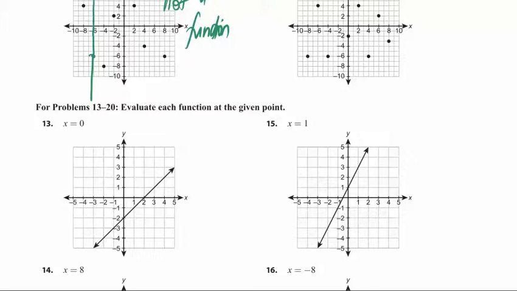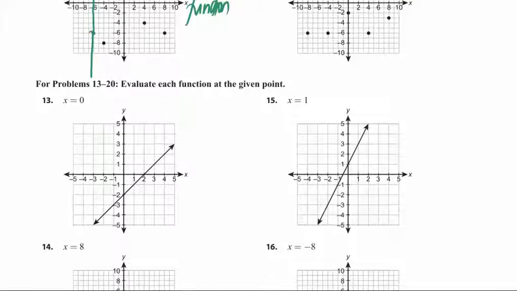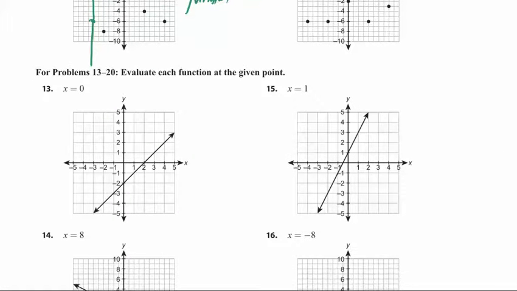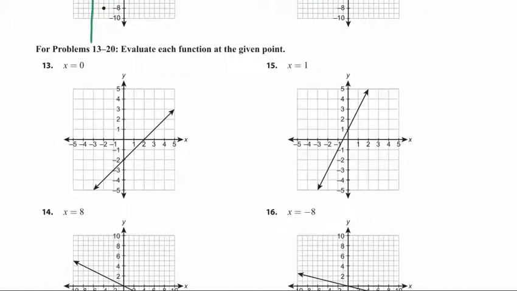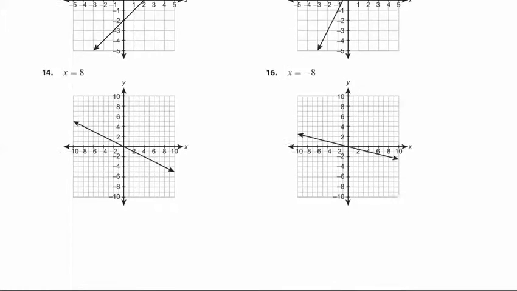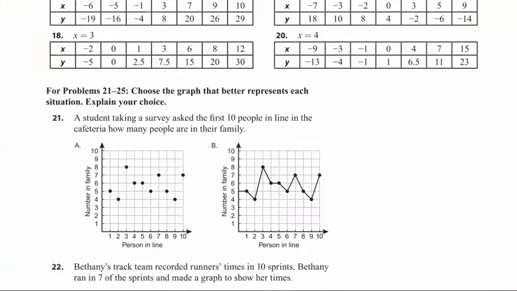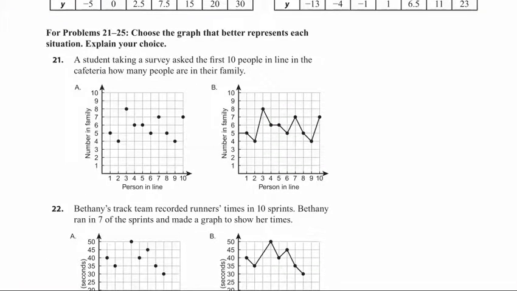Let's see a different type of problems. Okay, 21 to 25. Choose the graph that best represents each situation. Number 21: a student taking a survey asked the first 10 people in line in the cafeteria how many people are in their family.